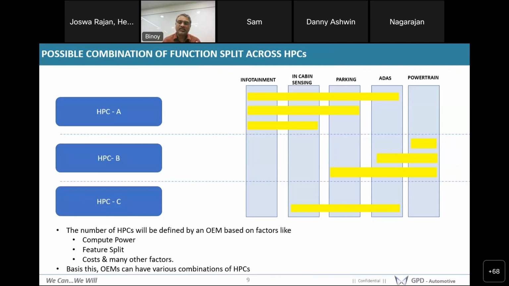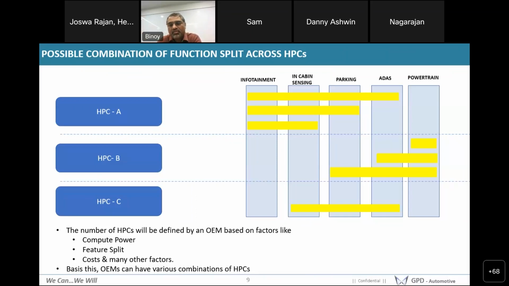Having said that, as of today, as an industry, we are still relying on a lot of hardware separation to achieve a lot of these functional safety requirements. So that's one of the angles which defines the feature split. Again, multiple OEMs do it in different ways. This picture shows different ways of splitting features. There are people who do infotainment, in-cabin sensing, parking, and ADAS in one ECU. That's the first row.